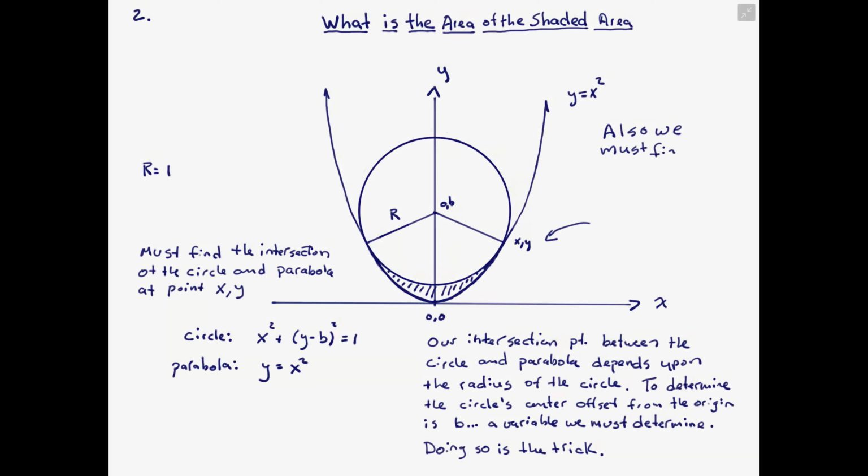Once we solve for the center of the circle in the y direction, then we have enough information for us to find the intersect point, x and y. And so that's our approach. Once we have x and y, the rest of the problem becomes a little bit more straightforward for us to figure out. So first we must find b, and then we solve for x and y, the intercept point between the circle and the parabola.